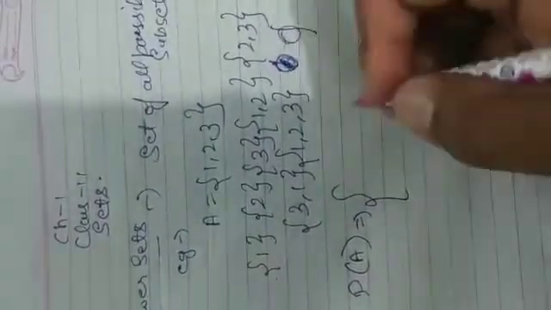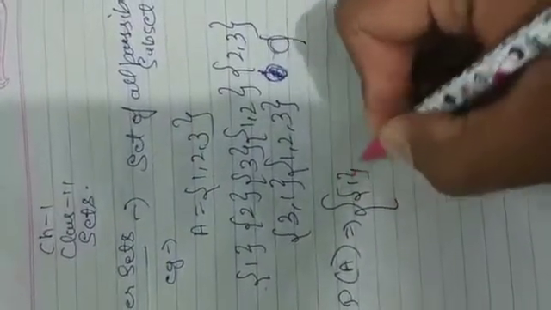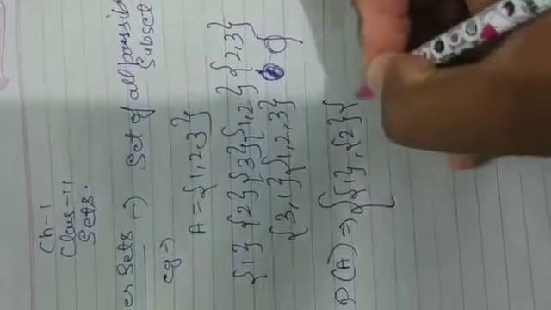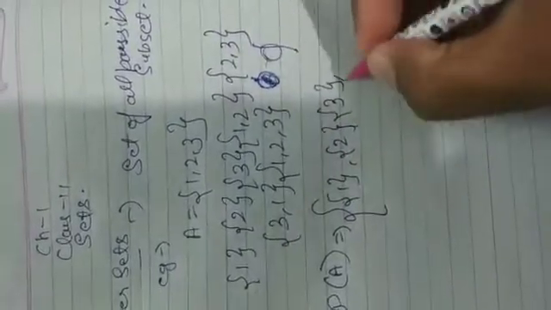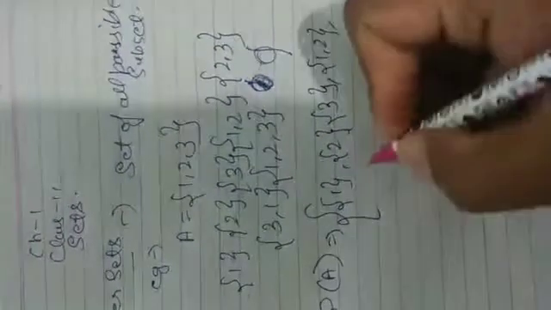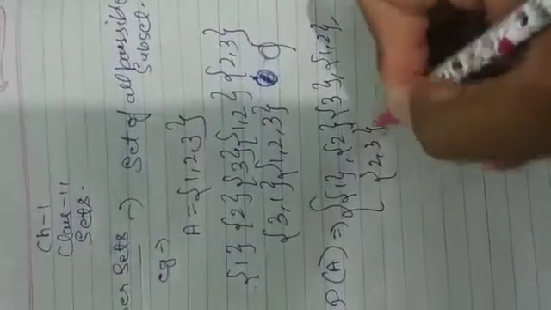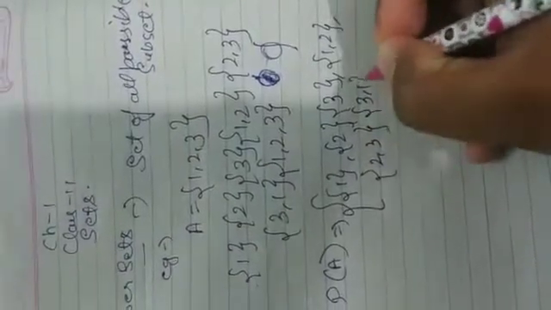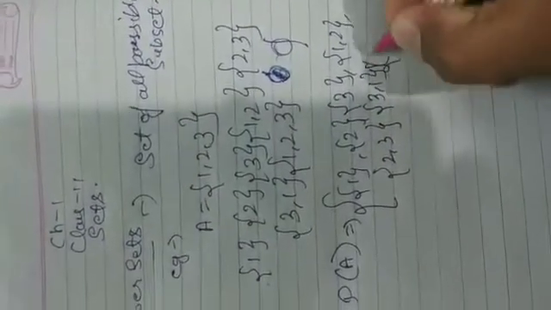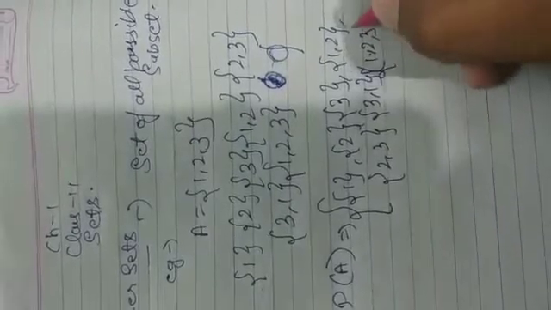So open the curly braces. Now write the subsets: 1, 2, 3, {1,2}, {2,3}, {3,1}, {1,2,3} and the empty set. So the set of all subsets is called the power set.